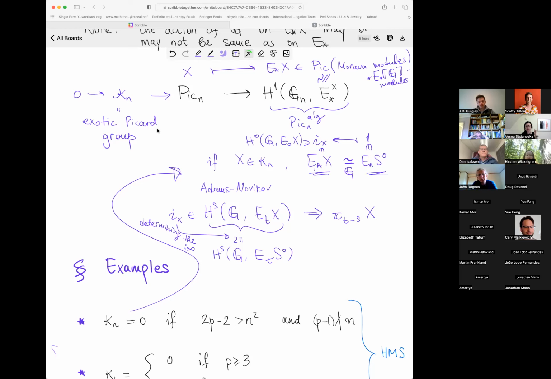So it's not in all H^S, it's just in H0, and iota X is in H0, and it generates H star of that as a module, free of rank 1 over the cohomology of the sphere.